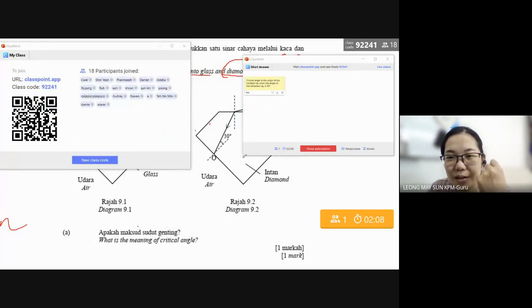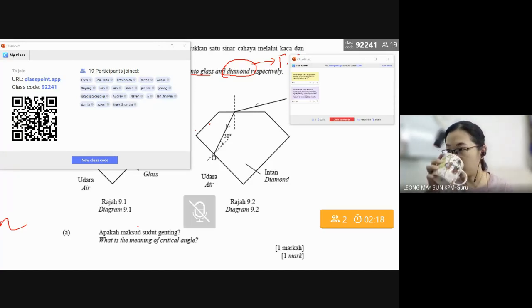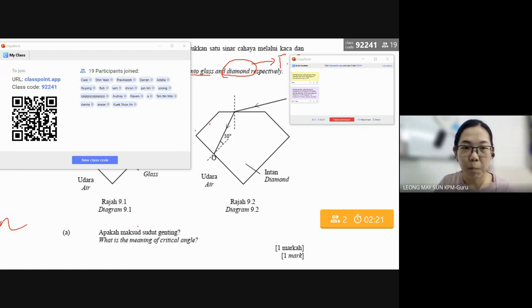As usual, you can refer to your notes to answer your question. Once you have entered, you can send the answer in. Now, if you want me to cover more questions, then it's better that you answer it fast.